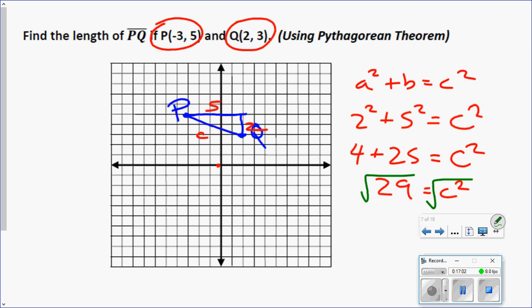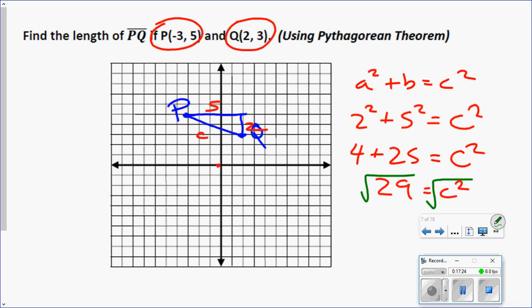If it doesn't come out even, and it doesn't say where to round to, what is the square root of 29? 5.385.